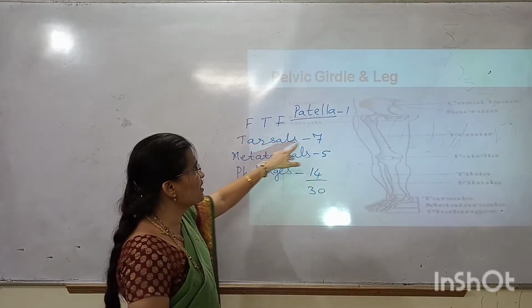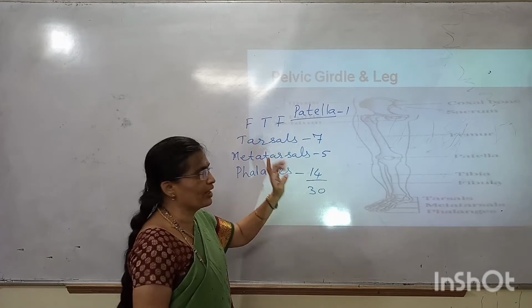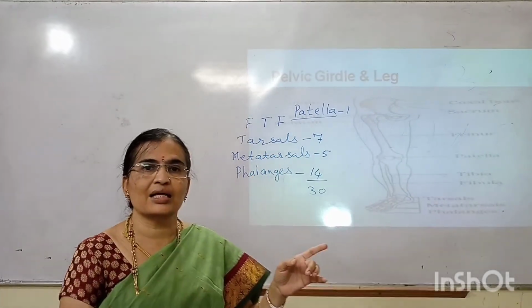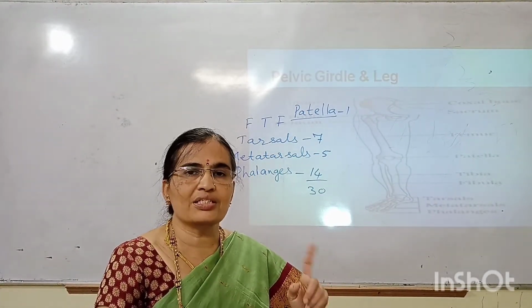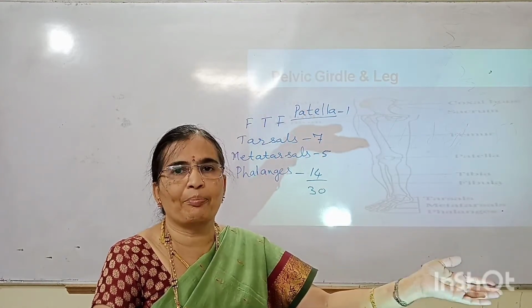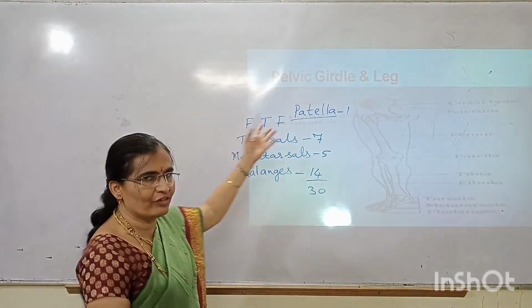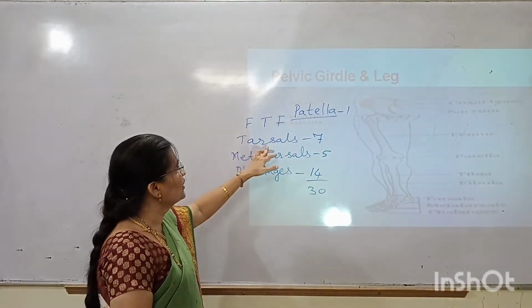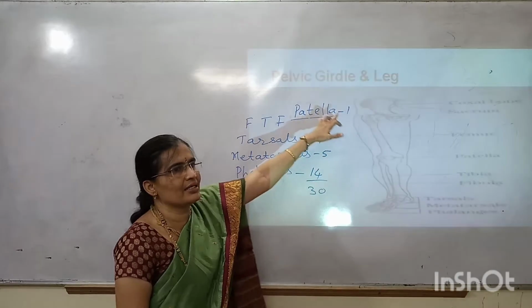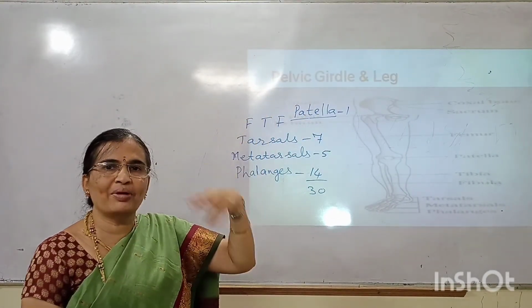So tarsals are 7. Then metatarsals are 5. Phalanges are 14. Metatarsals and phalanges are the same as metacarpals and phalanges of hands. The difference is, you have to remember this point only: tarsals are 7, patella is 1, whereas in hand, carpals were 8.